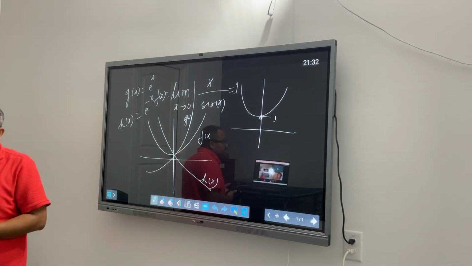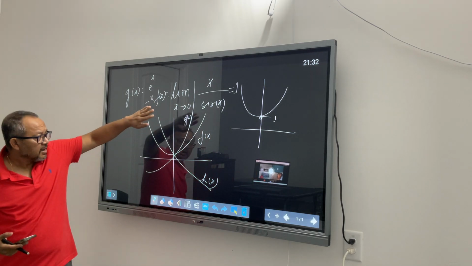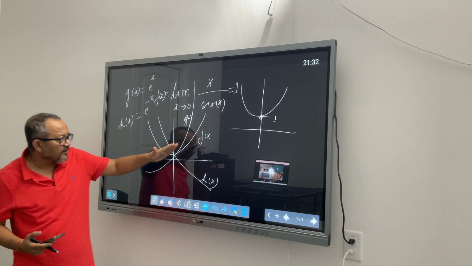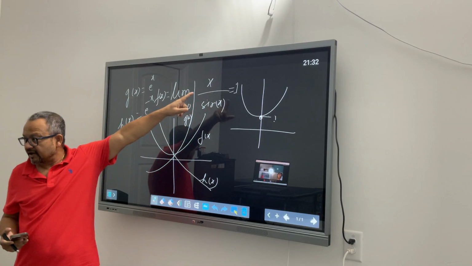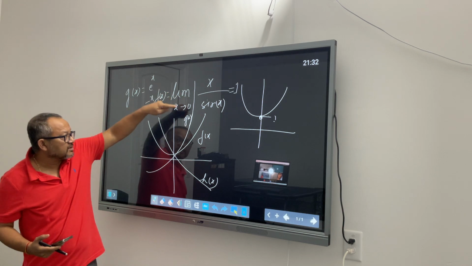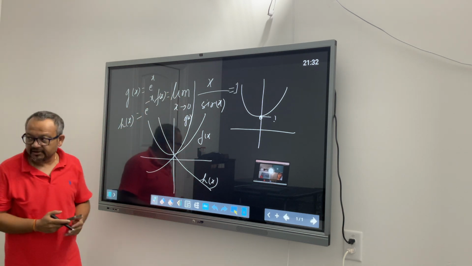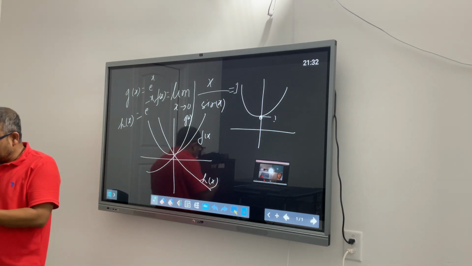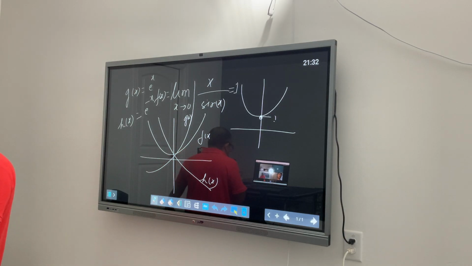What we're trying to say is we have a function f of x for which we are trying to find the limit and prove that it is equal to this. It lies between the two functions g of x and h of x. Okay? And somebody was trying to solve it.